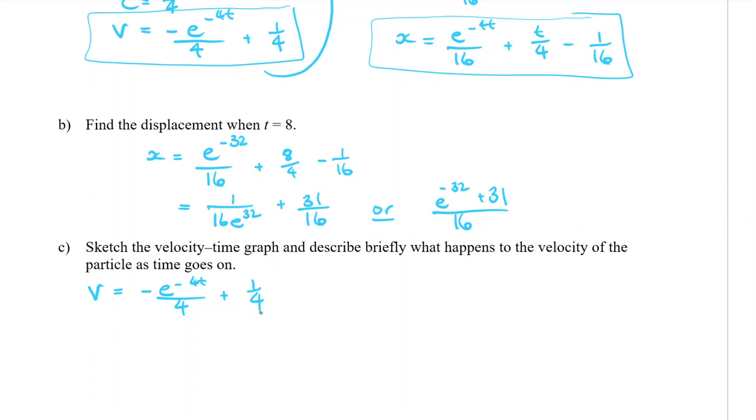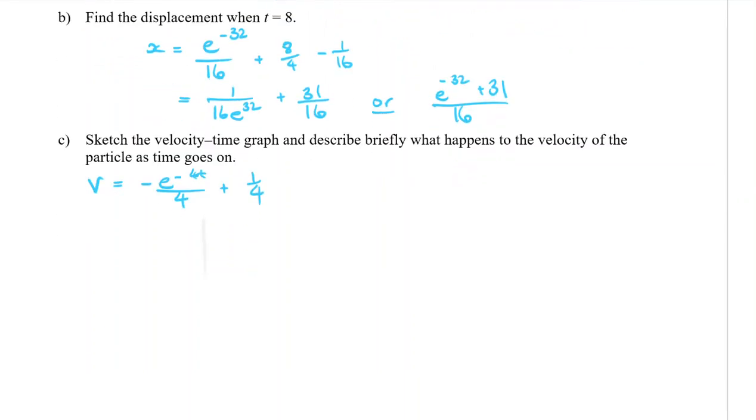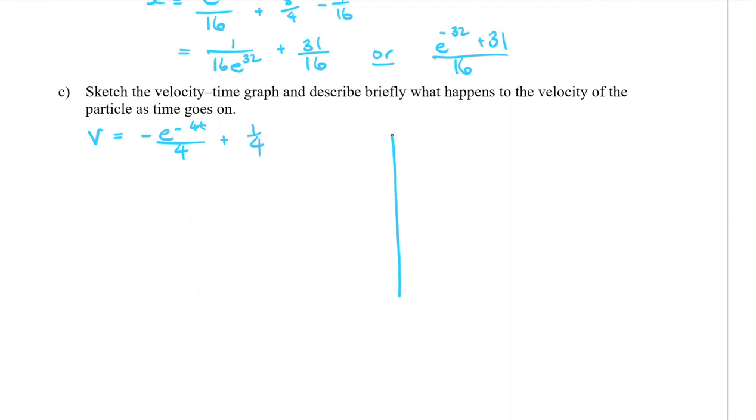To sketch that, what have we done to that poor exponential? Where is the asymptote? That's a good question to ask. A quarter. That's a good place to start. Let's draw that. So instead of being on the x-axis, our asymptote will be up here at a quarter.